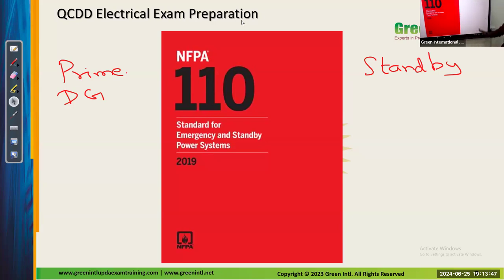It is not mandatory that it operates continuously on a regular basis. It may operate for 2 hours, 1 hour, or 10 hours, depending upon the requirement. We need to design accordingly, so it is entirely different. Now we discuss these standby generators.